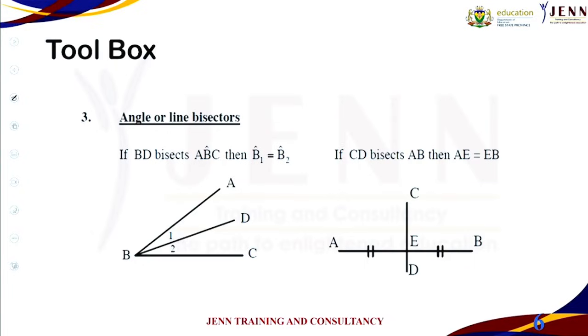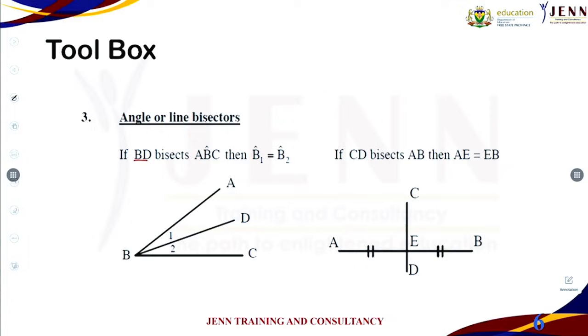Yes. Then again, we are still on our toolbox, remember. Now, if you are given in your statement that an angle or a line bisects, so the minute you are given a bisector, so if you are given this line BD, that it bisects angle ABC, then what does that mean?